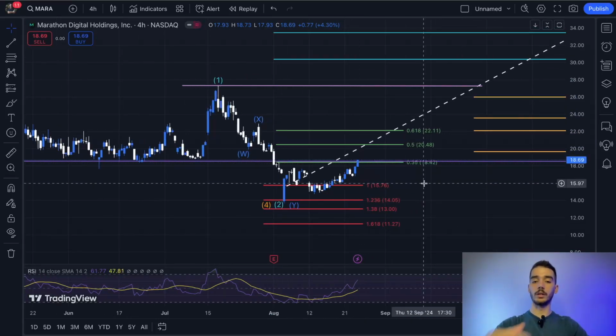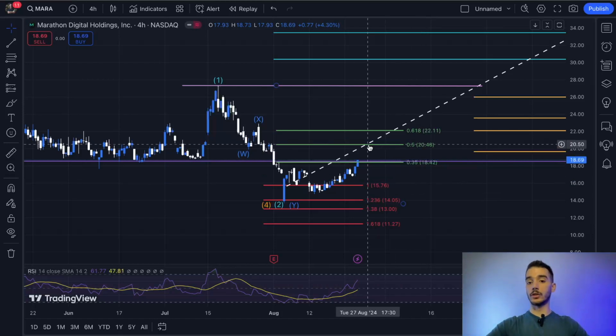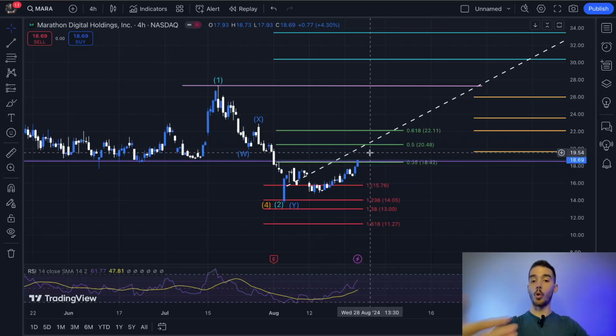We want to see prices at least touch the 0.5, and most ideally show price strength by consolidating inside the green area, whether it's the discounted or the premium half of the green area. We want to see prices hold this area for a decent amount of time. Even if we break slightly below it, we don't close the daily.